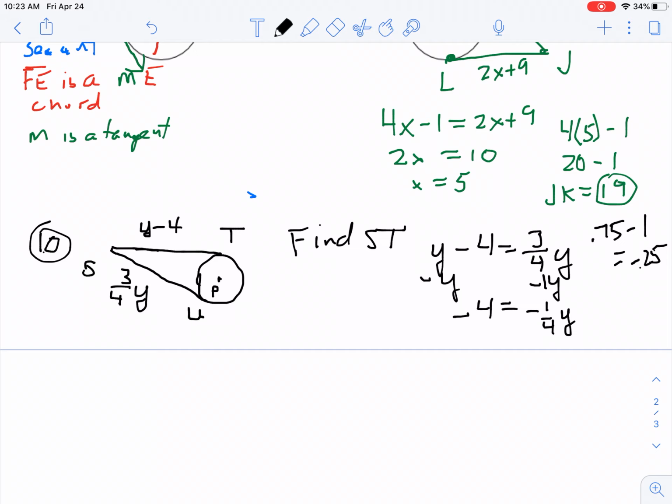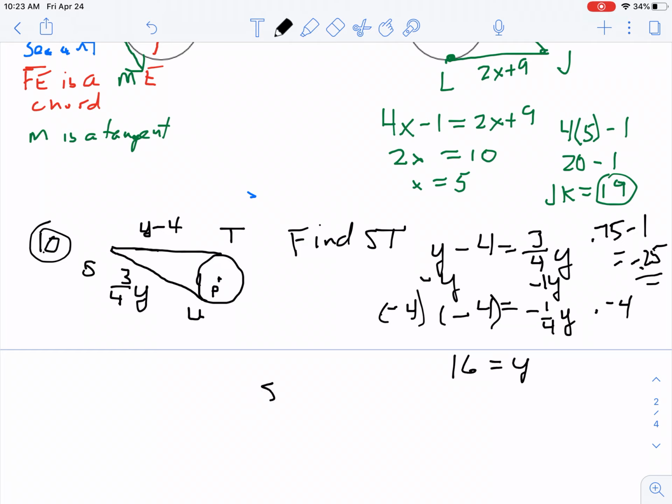Now I get rid of the negative 1/4 by multiplying by its reciprocal, which is negative 4, on both sides. So I'll take this negative 4 times negative 4. Another way to have done that is you could have divided by that negative 0.25 that we had in that part. So you get a positive 16 equal to y.